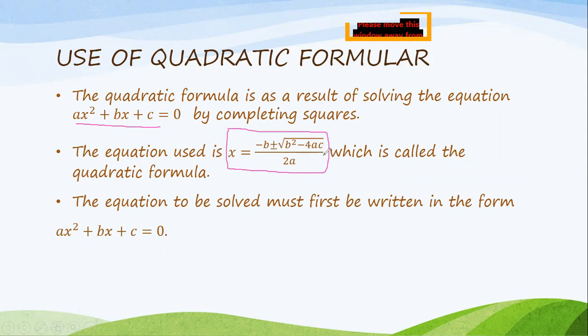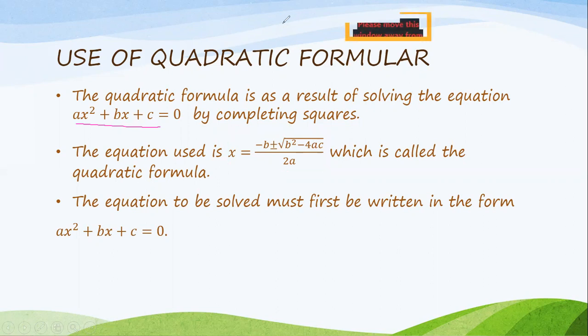We can apply this formula to solve a quadratic equation: you just identify the value of a, b and c from the equation, and substitute them in the quadratic formula to find the values of x.